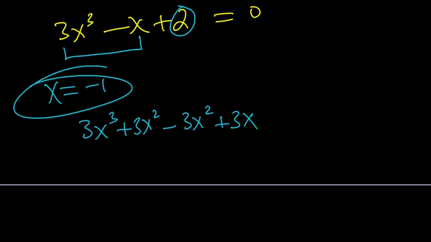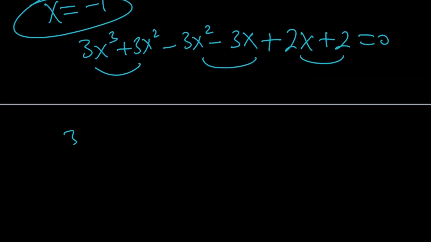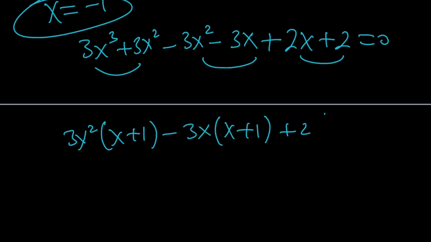Actually, I do need a plus: to make it -x, I do need plus 2x and then plus 2. That'll do the job. Now I'm going to factor by grouping again: 3x squared times x plus 1, minus 3x times x plus 1, plus 2 times x plus 1 equals 0.